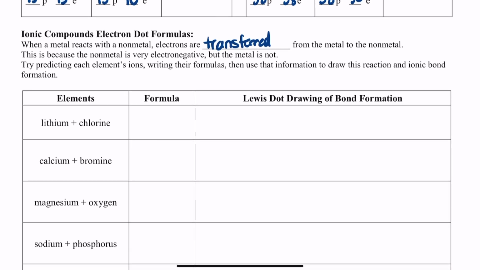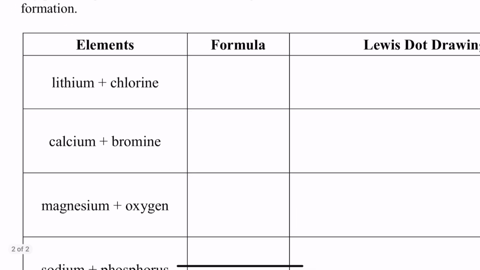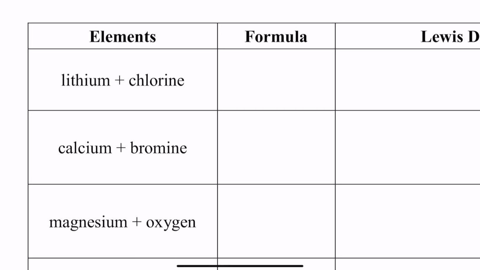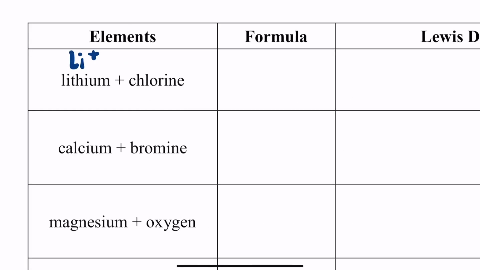So whenever I look at 2 things that are going to combine, like lithium and chlorine, I believe the best thing to do is to first come up with what the formula is going to be based off of our knowledge of before. So I like to look at each element and think of what they would look like as an ion. So lithium is in column 1A, so it probably has a 1+ charge as an ion. You see that here, right there in the first column.